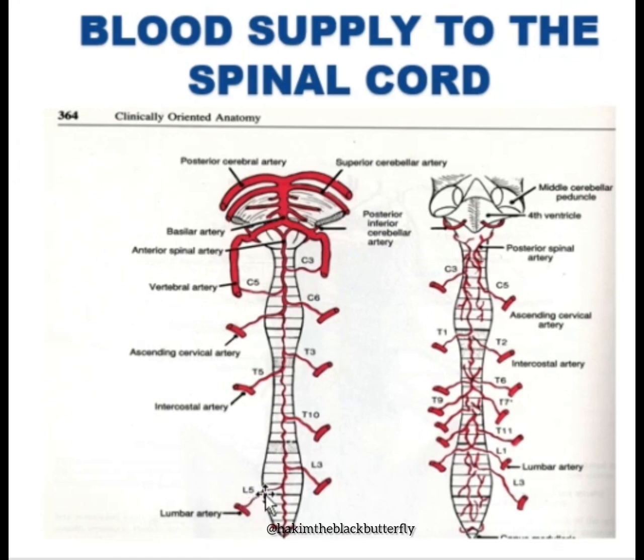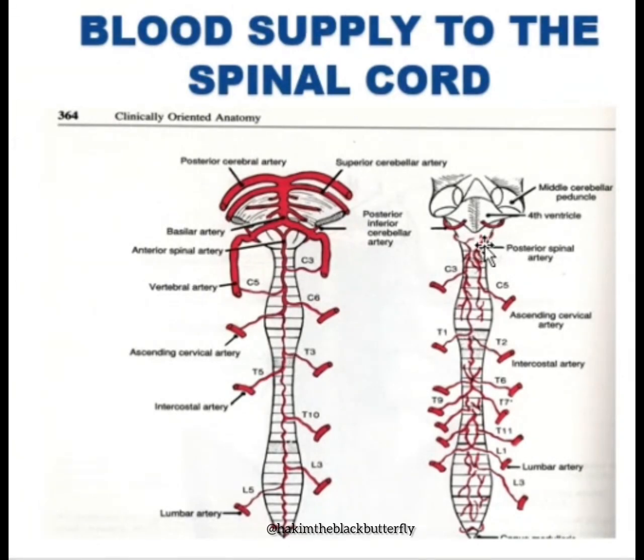And then the lumbar spinal arteries also supplement the anterior spinal arteries when they're supplying the lumbar portion of the spinal cord. So this anterior spinal artery, much as it supplies the anterior part of the spinal cord, gets compensatory branches from these other arteries, which are the segmental arteries.